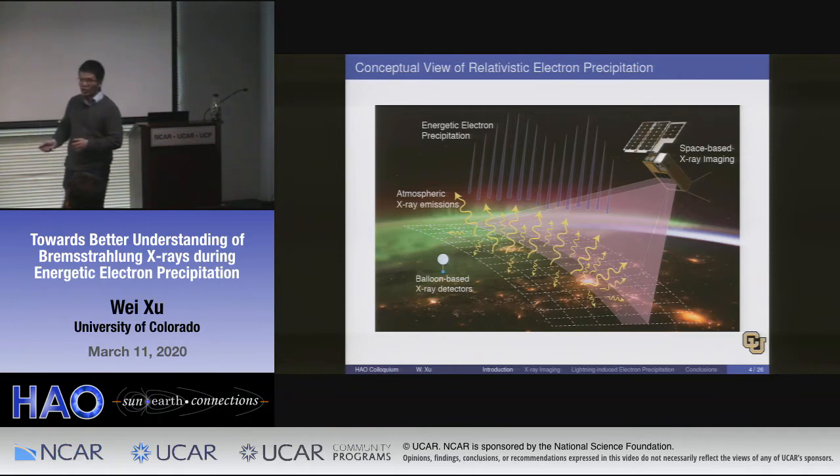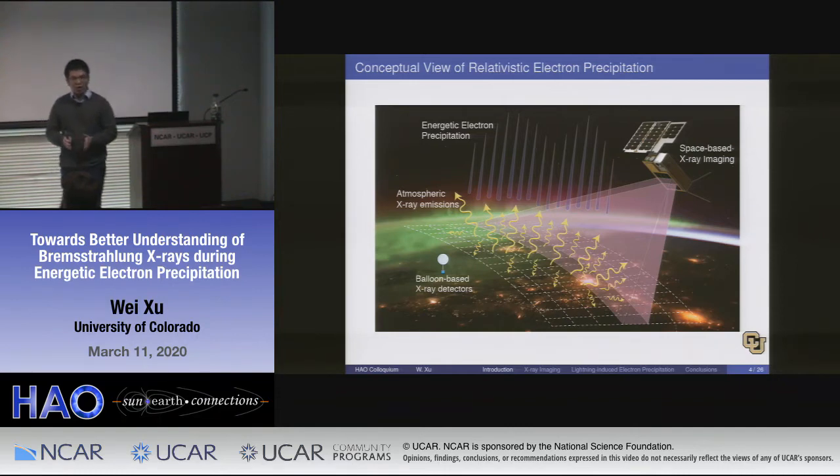And the emission of these Bremsstrahlung X-rays into the lower atmosphere is like an optically thick experiment because the air density is increasing with decreasing altitude. A significant fraction of those X-rays would be backscattered into outer space and detected by satellite.